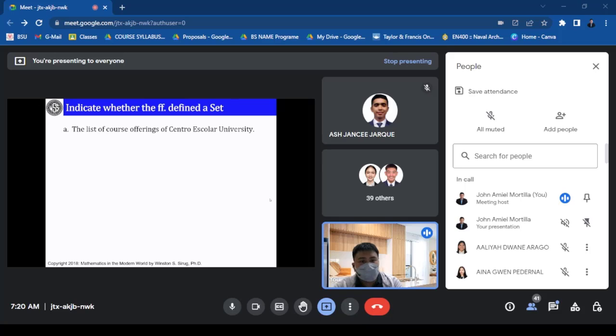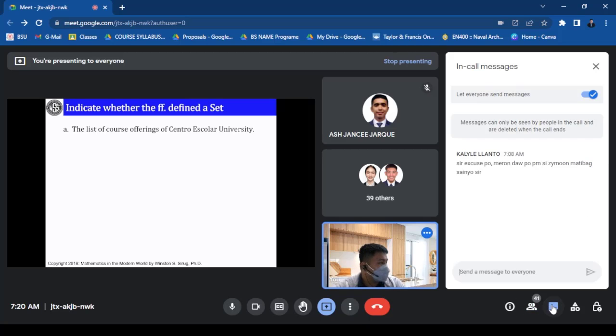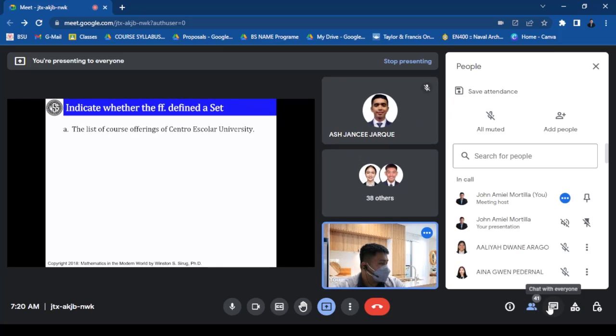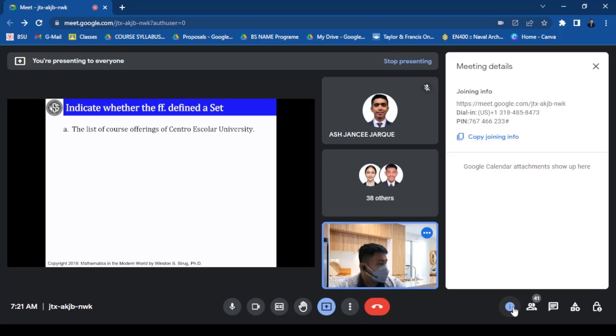Indicate whether the following defines a set. The list of course offerings of Central Escolar University. Is it a set? Is it a defined set or not?